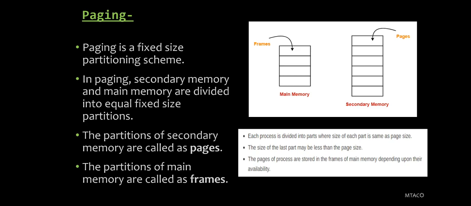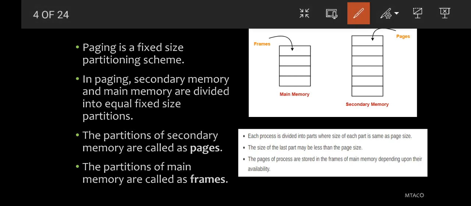Again, the partitions of your secondary memory are known as pages, and the partitions of your main memory are frames. As can be seen in the picture, your main memory partitions are known as frames, while for your secondary memory, they are pages.